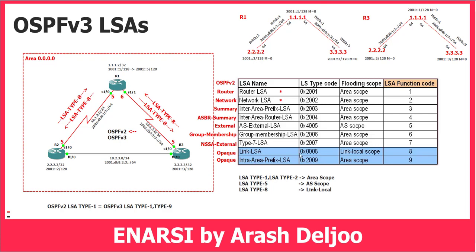As you know, in OSPF version 3, with the addition of these two LSA types, type 8 and type 9, first we are advertising the link-local address, and also we are using a more efficient way of advertising the information, as I explained before. Actually, we can say LSA type 1 in OSPF version 2 equals LSA type 1 and 9 in OSPF version 3.